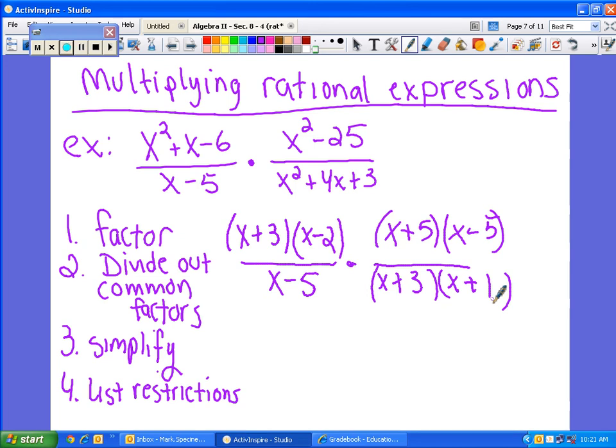So in reality, what I have is one long string of binomials here, and another long string of binomials there. And the importance of that is, it doesn't matter where I get my binomial from. It could be the same fraction, but, see I have an x plus 3 here, and an x plus 3 over here. That's okay too. I can cancel them out across the multiplication sign.